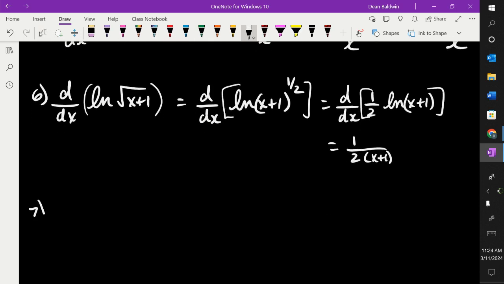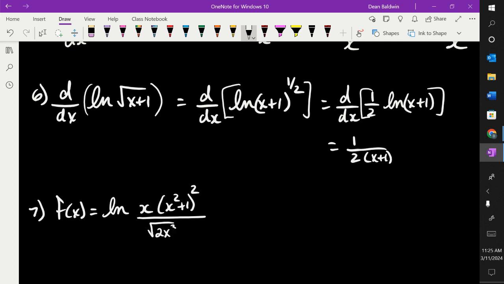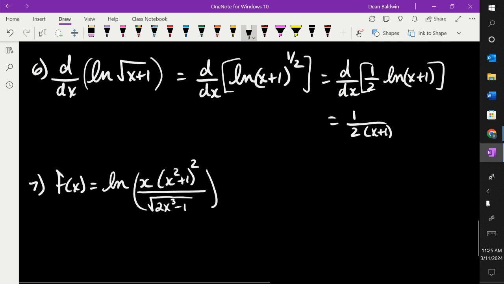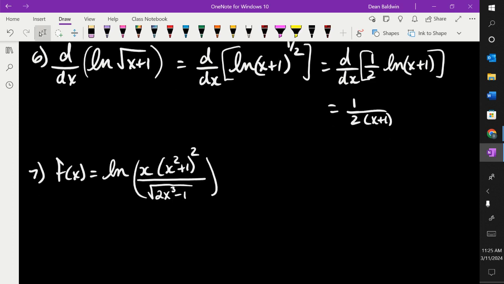If I have, if f of x is equal to the natural log of that, it's ugly. That's gross.